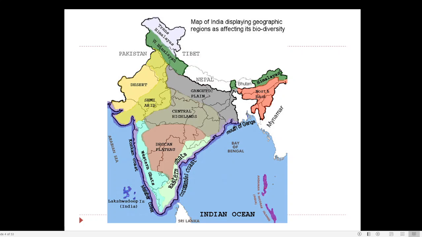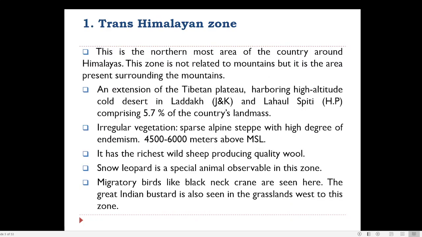So when you look at the map, you can see that this region is known as the Trans-Himalayan mountain region. An important feature of this Trans-Himalayan region is that it is an extension of the Tibetan plateau, occupying 5.7% of the total landmass of the country.